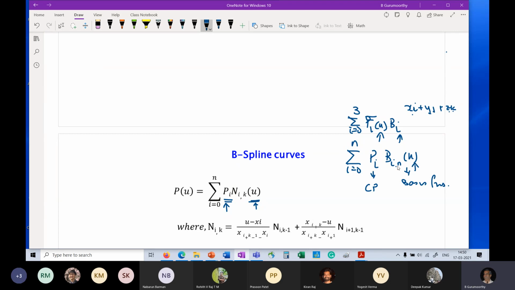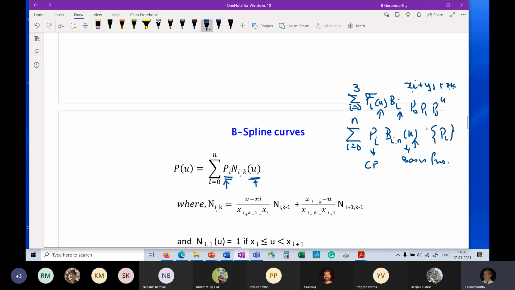Here also it was a polynomial in u, and we will see what you get here. But if you look at the expression below, you can immediately guess that it will be a polynomial expression in u. The only difference across all three of them: of course, there was a difference in the geometric coefficients also. Here, there were both points and derivatives, whereas here they were only points, and here also they are only points. The P_i's are only a set of n plus 1 points.